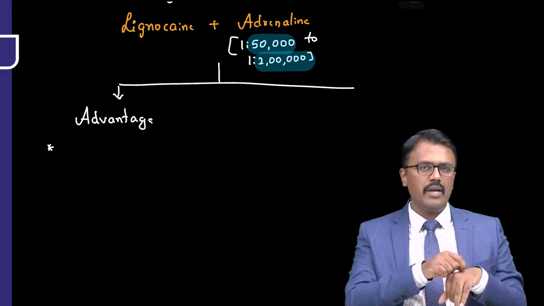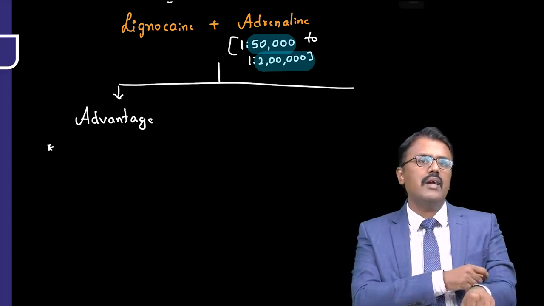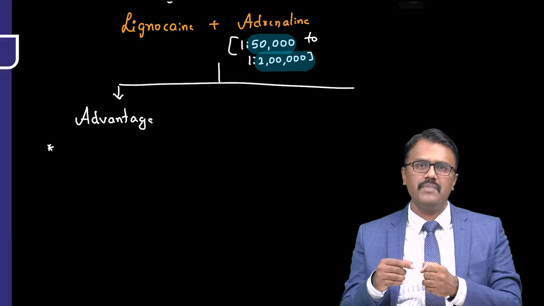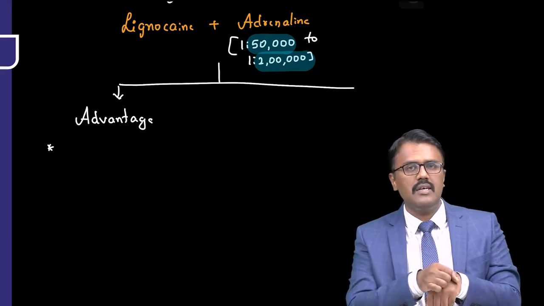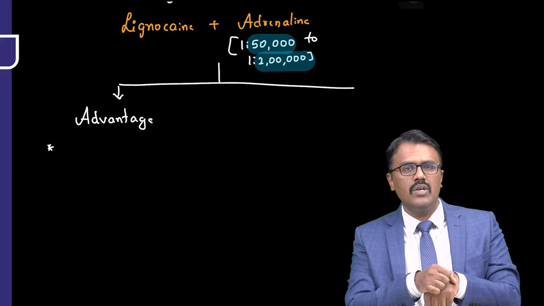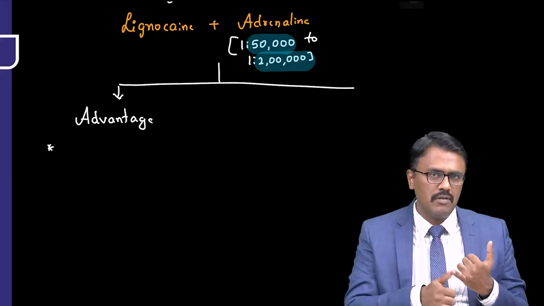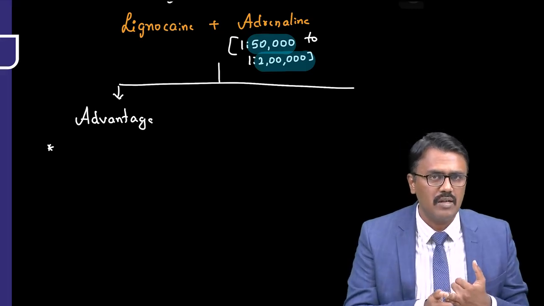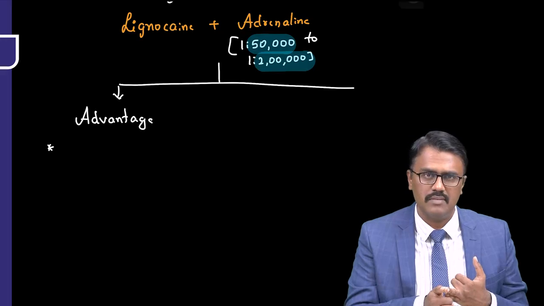Second, lignocaine can get systemically absorbed, and if it gets absorbed, you know the problem: seizures, arrhythmia. So if I use a vasoconstrictor, it will stay there for a long time. So one, the duration of action of local anesthesia is prolonged. Second, the absorption of local anesthesia is also decreased.